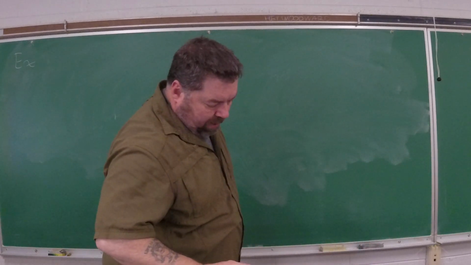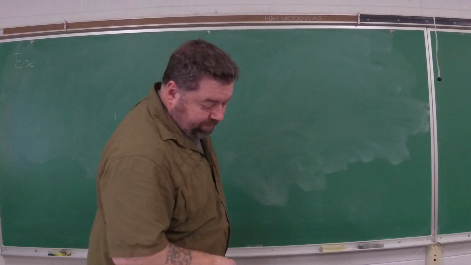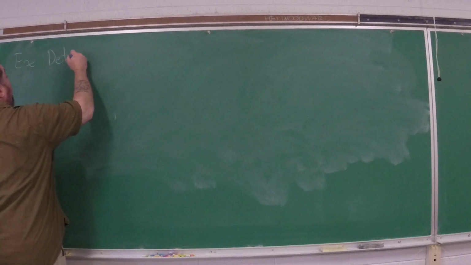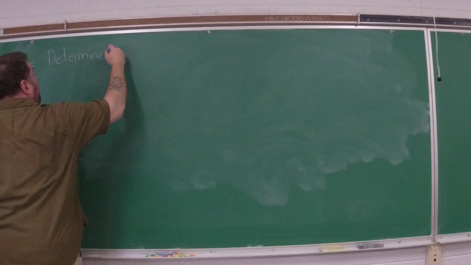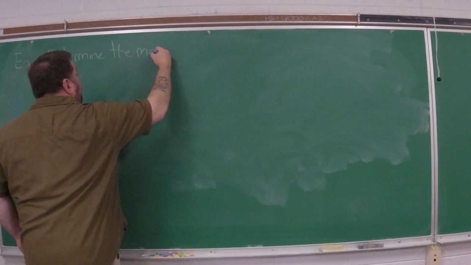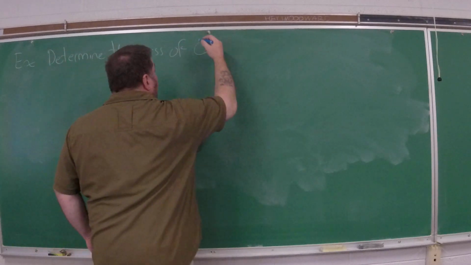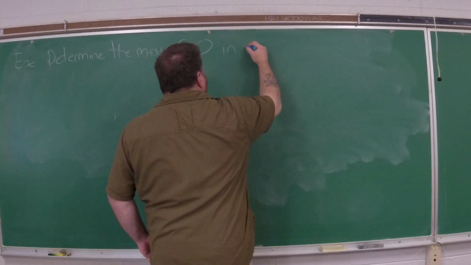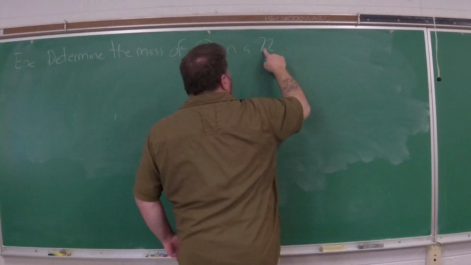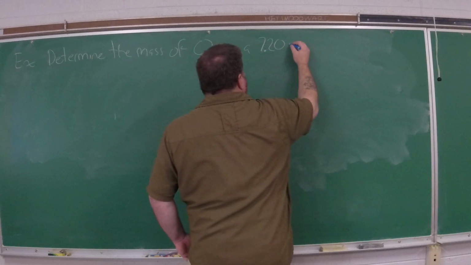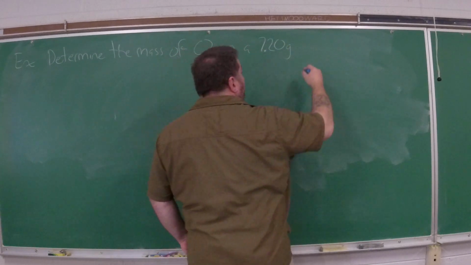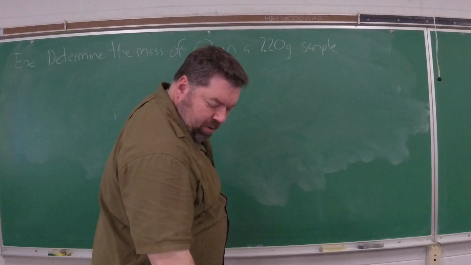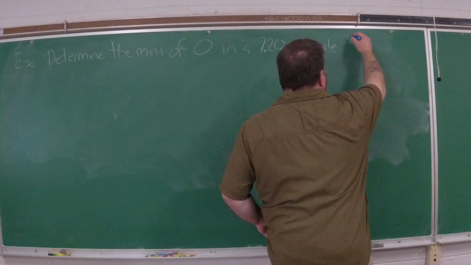Let's take a look at the next one. Again, asking oxygen. Determine the mass of oxygen in a 7.20 gram sample of aluminum sulfate.